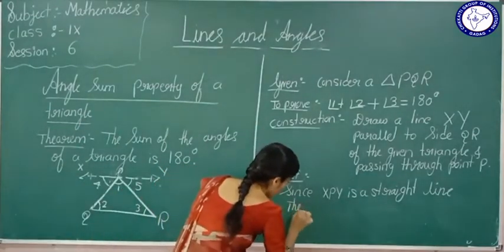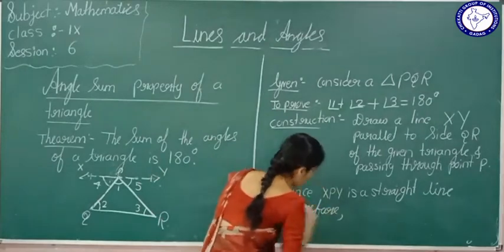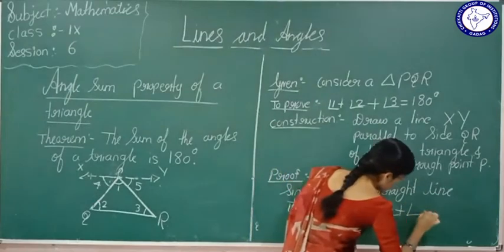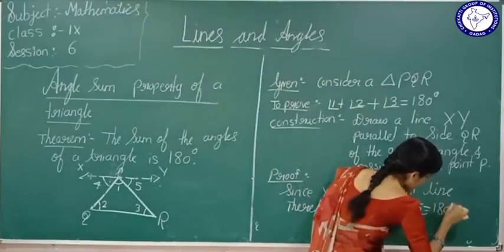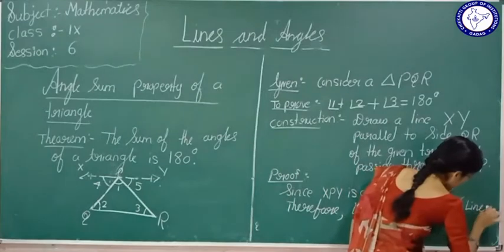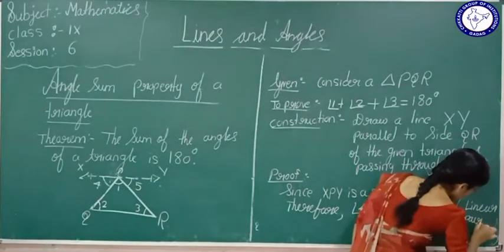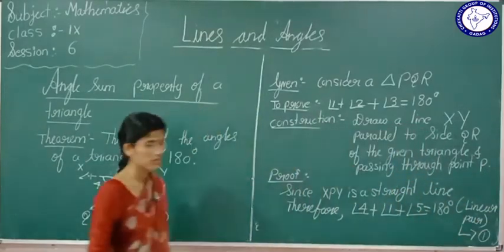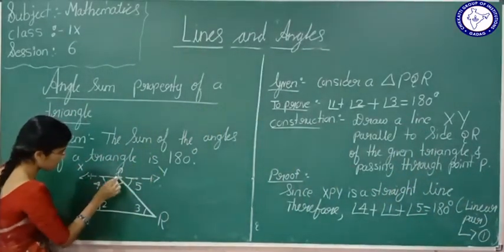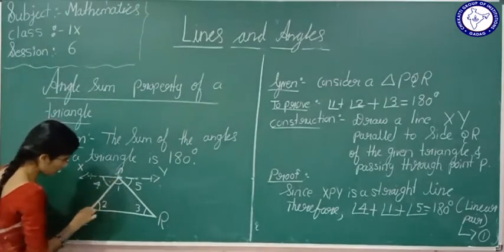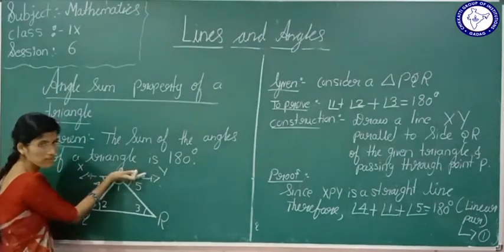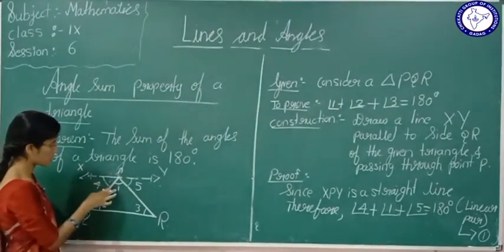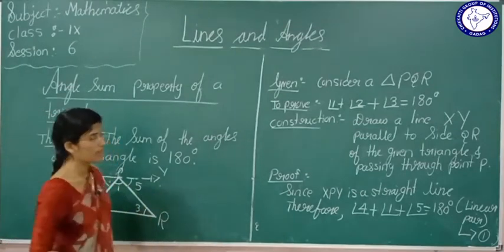So therefore what we can tell? Angle 4 plus angle 1 plus angle 5 is equal to 180 degree. What is the reason? Linear pair. The reason is linear pair. Call this as equation number 1. Say this is a straight line and the rays PQ and PR are standing on this line, means the sum of this full angle is going to be 180 degree, that is angle 4 plus angle 1 plus angle 5 is equal to 180 degree.